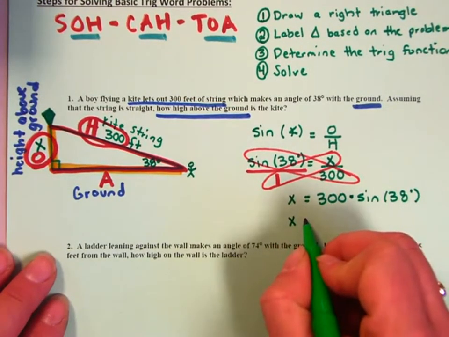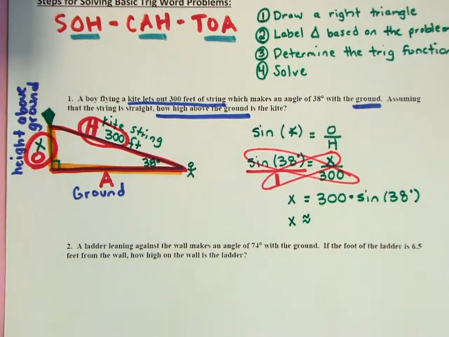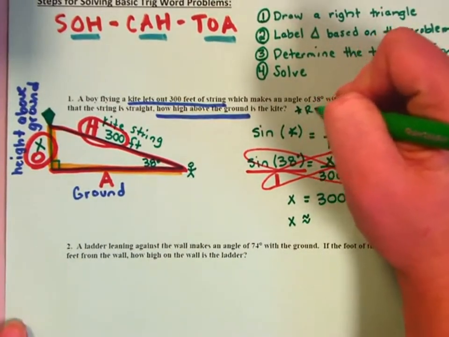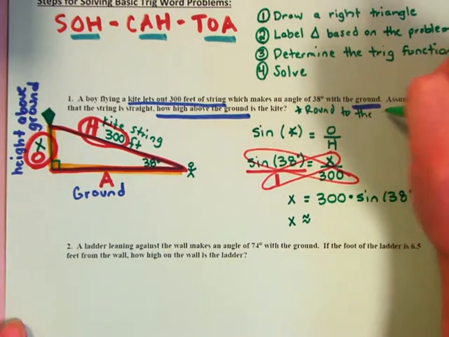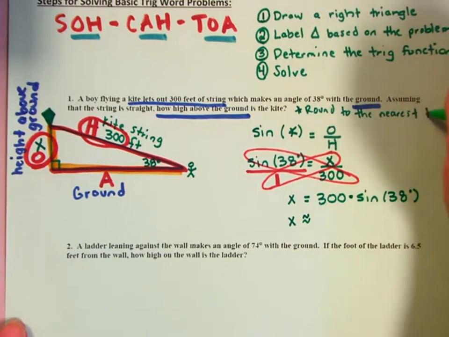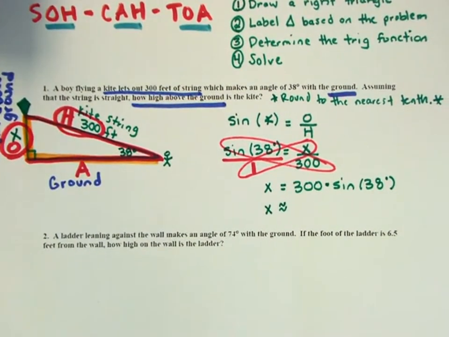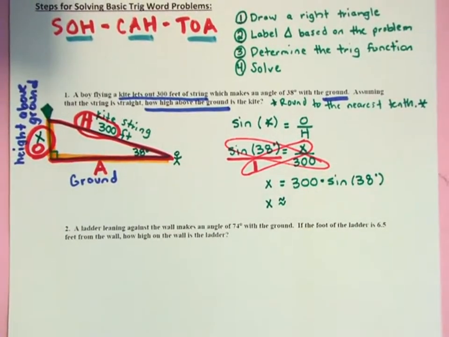So x is approximately, and on this paper, I want you to round to the nearest tenth. So when you punch that in your calculator, 300 times the sine of 38 degrees, make sure you are in degree mode.